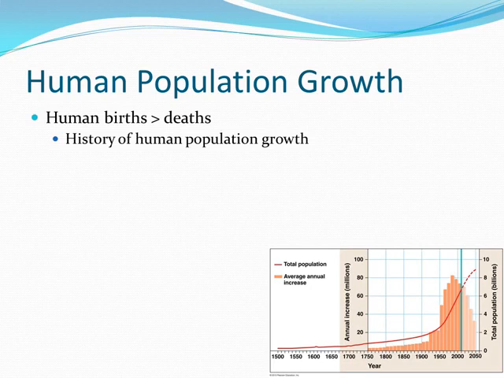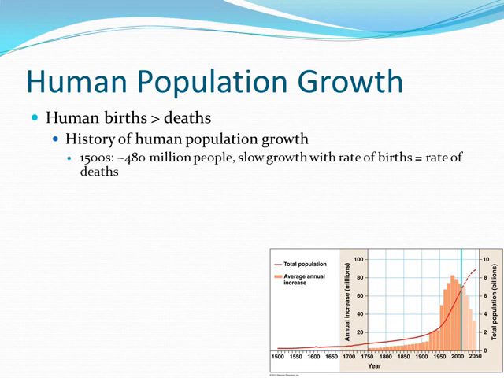So this is just showing you a history of this human population growth. So in the 1500s, way back in the day, even older than me, you have about 480 million people, and then there's very slow growth during this period of time.